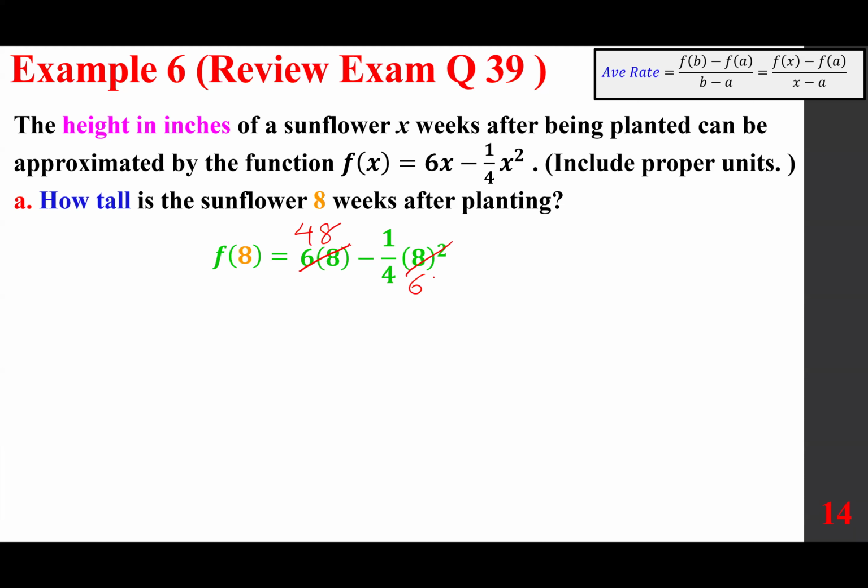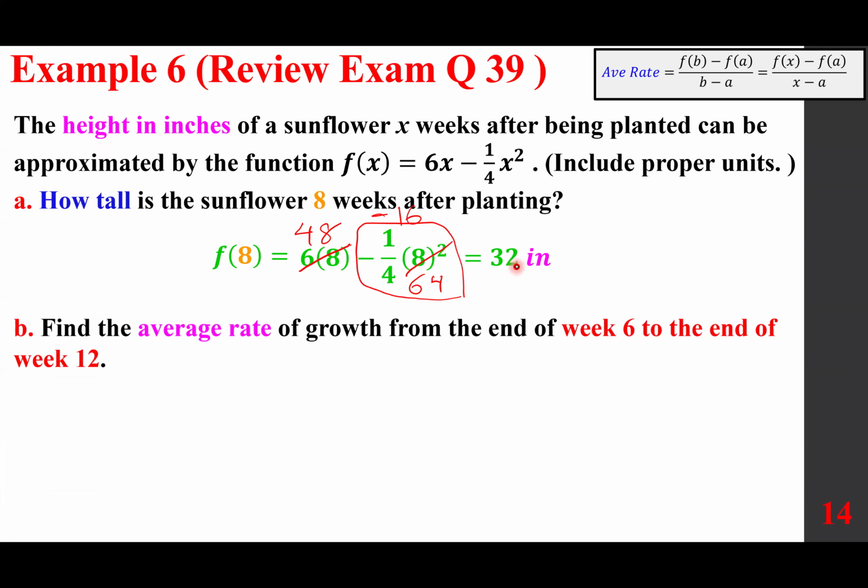This is 64. And this is 1/4 of that, minus 16. We get 32 inches because that's the height, the units in inches. So you always give back with proper units.